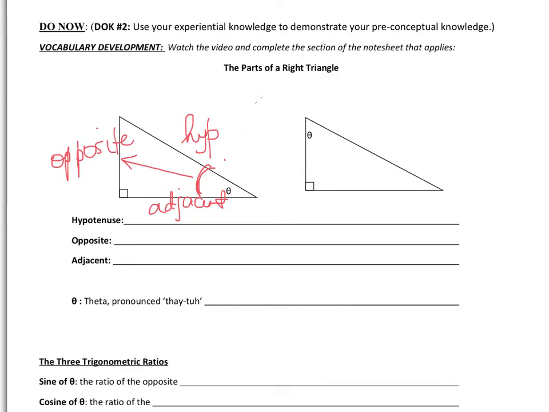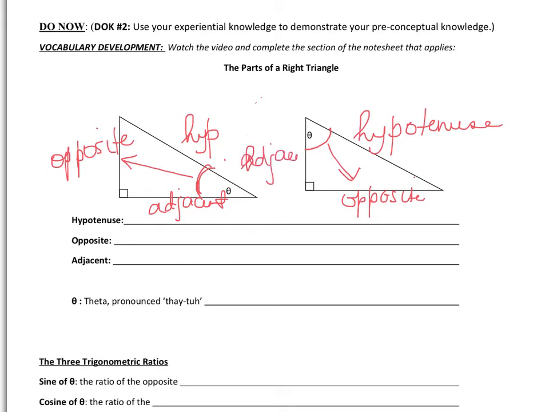All right, so let's look at this one. This is the angle, right? Of course, we know opposite the right angle, we call it the hypotenuse. It's the longest side in a right triangle. But what is opposite now? The opposite would be here in regards to the angle, and then we have our adjacent right here.